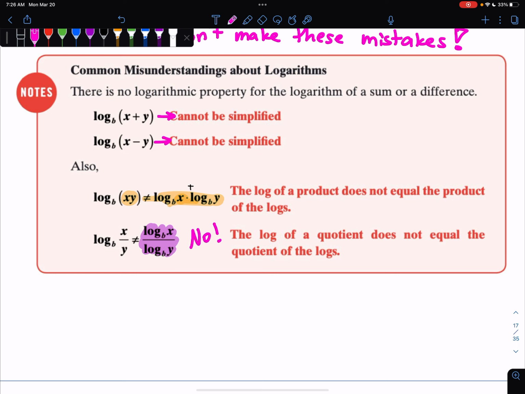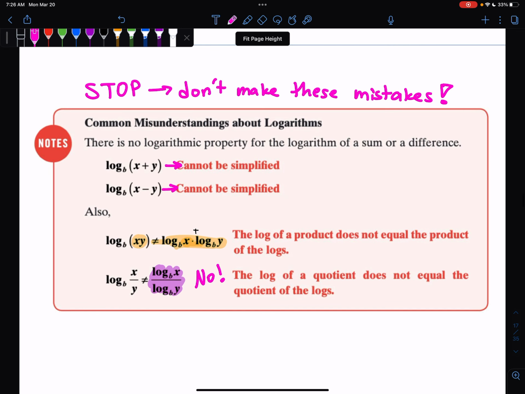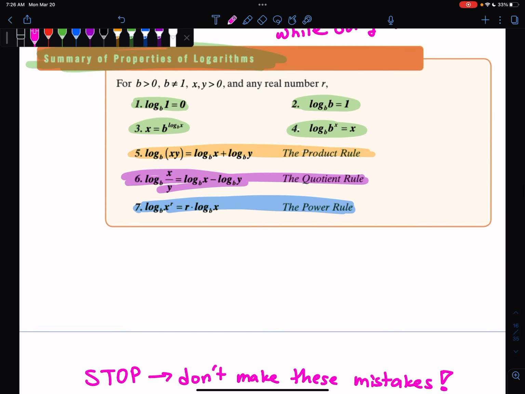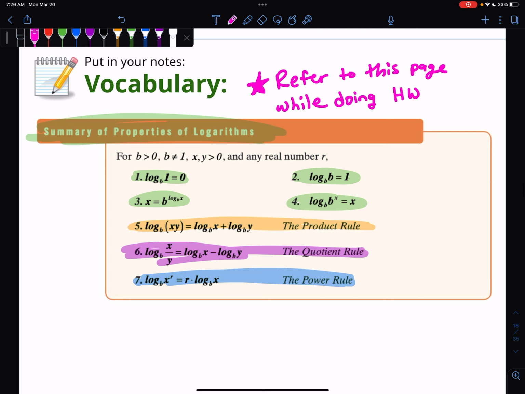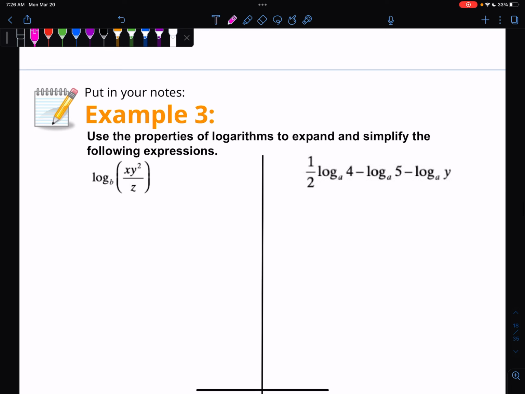Be careful when you're doing these, because these are common things that students do. Just a quick tip and trick. Once again, you can always refer up while you're doing these. You're welcome to scroll up and down to make sure you're using the correct rules. You will not need to say I used the product rule, quotient rule, or power rule, but it is good to know what you're using.